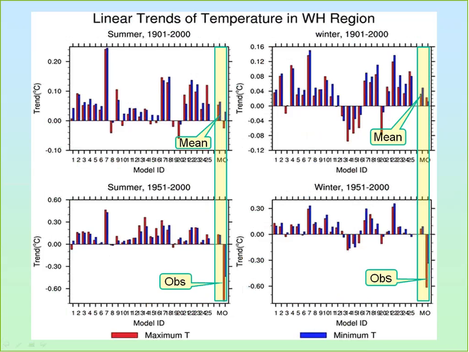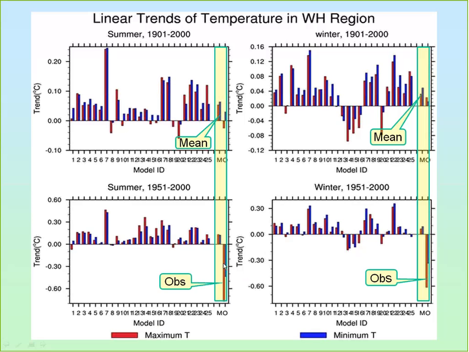The top is 100 years, the bottom is 50 years, the left is summer, and I think the right is winter. Red is maximum temperature and blue is minimum temperature. All are trends. For example, this one is the observed.